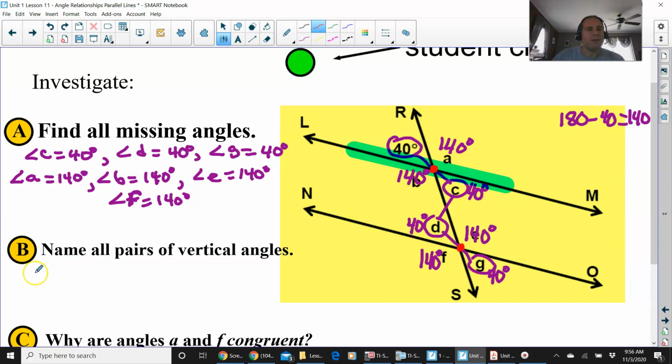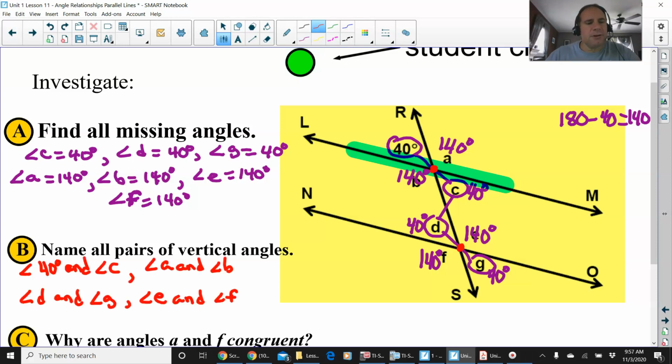Angles that are meeting at that vertex, those are the vertical angles. All right, go ahead and put all of those vertical angles down, and you could press pause and do that now. So what we have here is this 40 degrees and C meeting at the middle right there, that vertex.